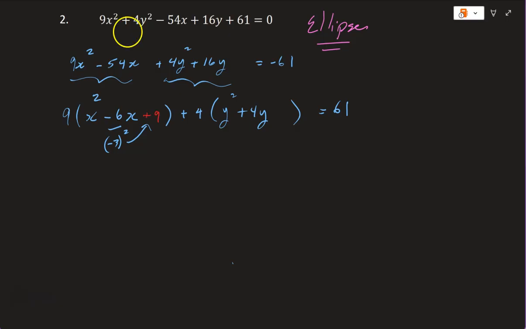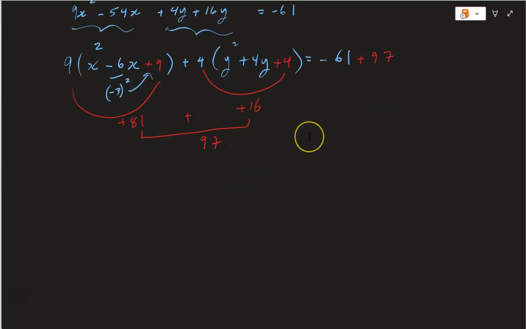Okay, and here half of 4 is 2, 2 squared is positive 4, and then what we are adding is 81 and 16, and together you add these two guys together, and you're adding 97.